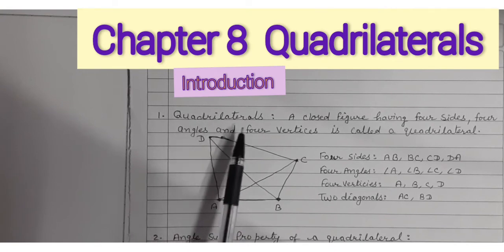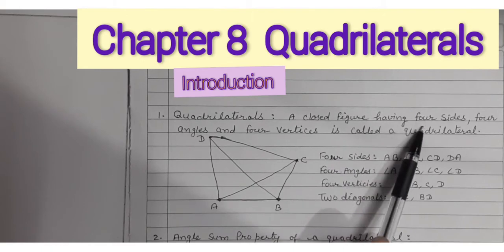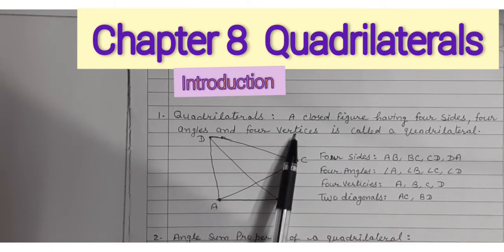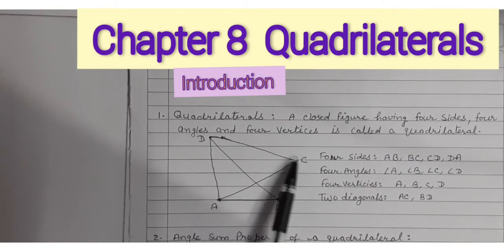What you mean by quadrilateral, we have done in earlier smaller classes also, but I am taking it up again. A closed figure having four sides, four angles and four vertices is called a quadrilateral. See, A, B, C, D. This is a closed figure.